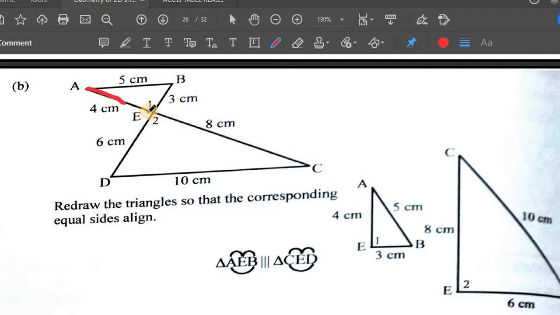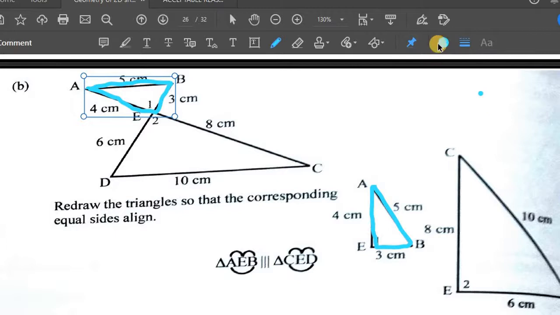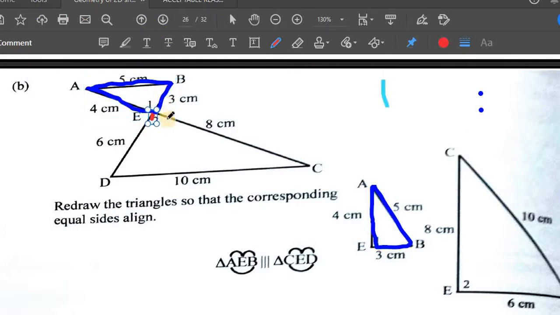Then this triangle here, we rotated it to make it look like this. Also, this triangle here, they rotated it so we can see it look like this.